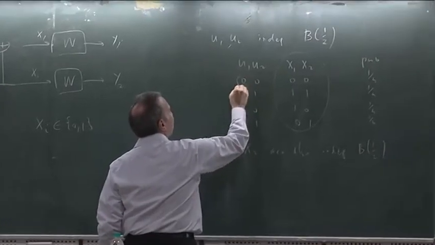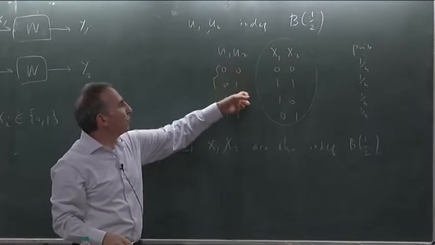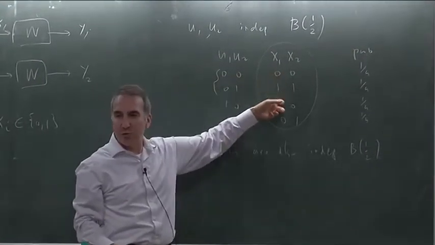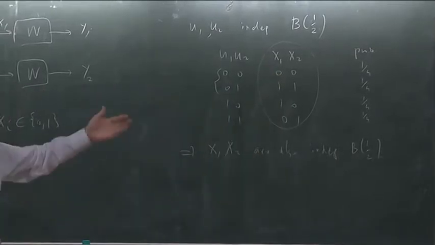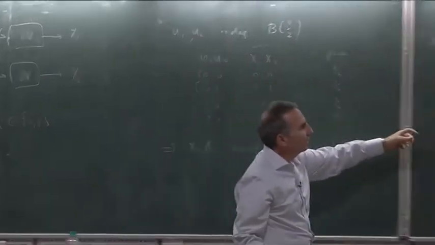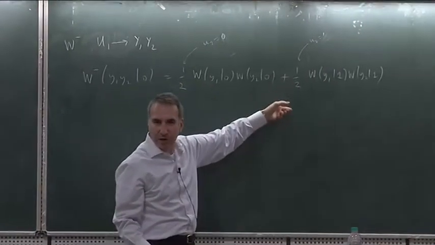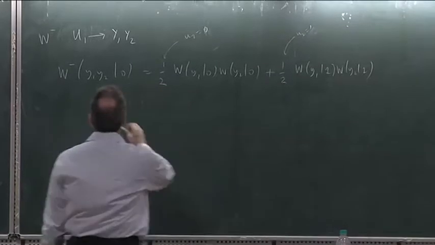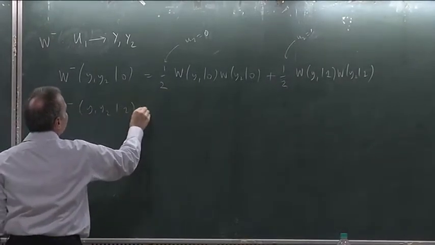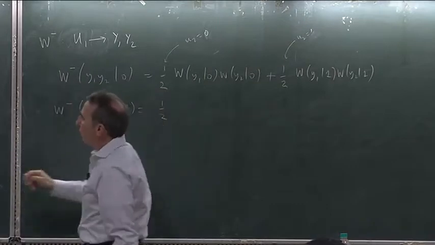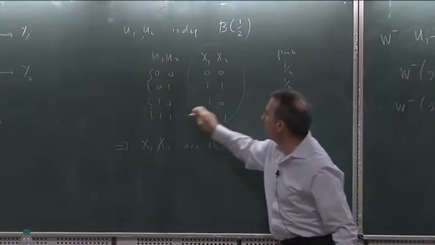All I'm saying is that when u1 is 0, with equal probability we are sending either 0,0 or 1,1, depending on the value of u2. u2 can be 0 or 1, in which case these two happen. In this alternative scenario we have this, and there we have that. Similarly for y1, y2 given 1, so given that u1 is 1, we are here.